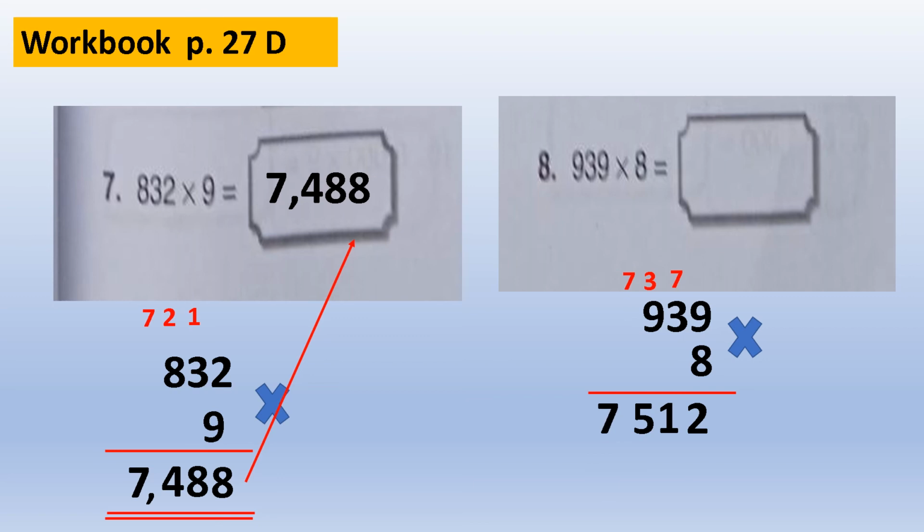Carry over 7, but bring down 7. And then don't forget to put the comma after the third digit from the ones place. So the answer is 7,512. So you say 939 times 8 is equal to 7,512.